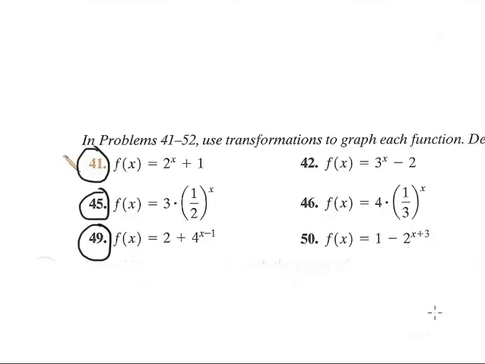Okay, now number 45. Let f of x equal 3 times (1/2) raised to the x. Let's graph this exponential function. In this case the base is less than 1, so you expect a decreasing function.